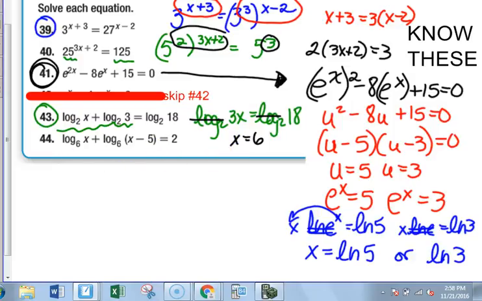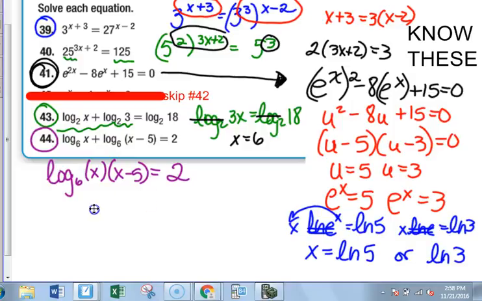All right, not the same as number 44 though. What's happening on 44? Still gotta condense over here. But can we just get rid of that log?